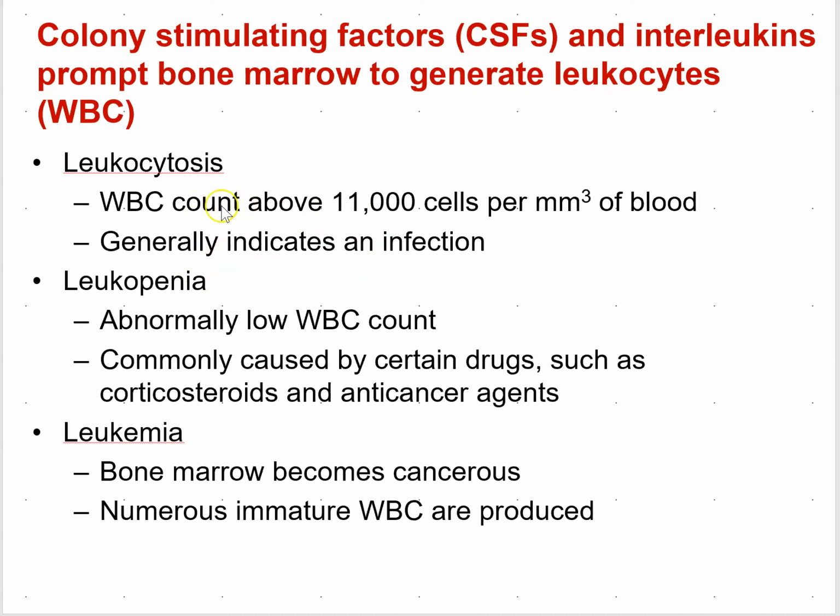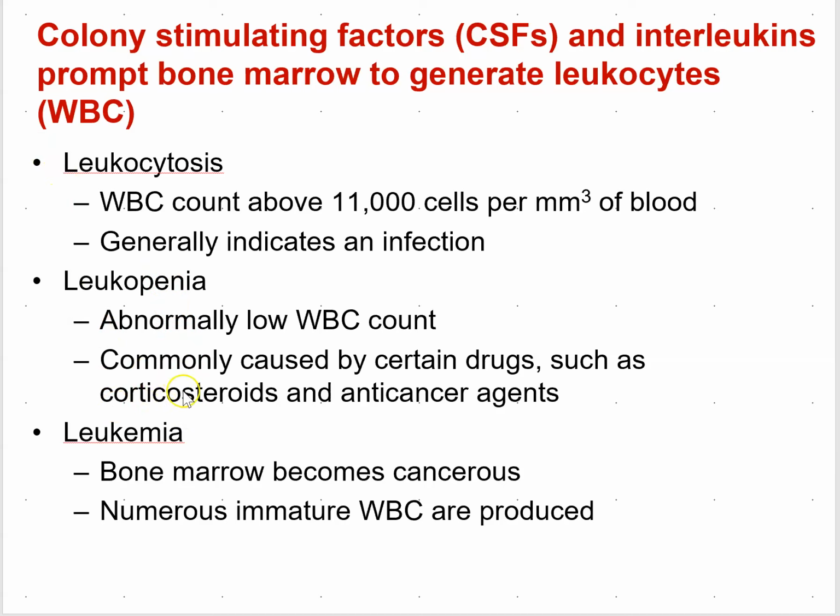Some other conditions include leukopenia. Leukopenia is a condition wherein a person has very few leukocytes. And if this condition is really prominent, the individual has a really poor ability to fight infections. The excessive leukocyte proliferation, on the other hand, is called leukocytosis.